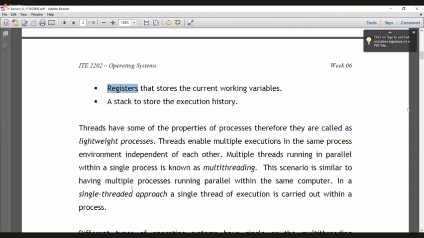Okay, sorry about that. Now, continue again. So, registers are small storage locations. For example, within a chip or CPU, temporarily you have to store certain values. For that, we use registers.